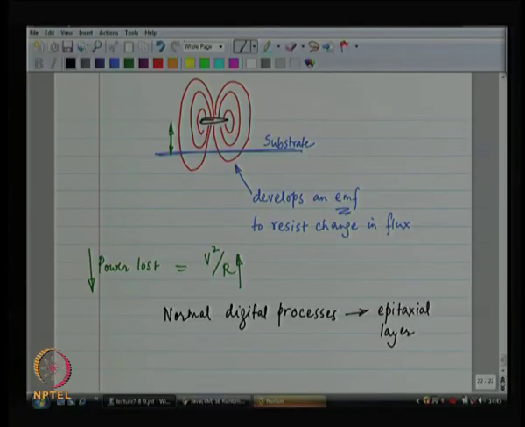So, typically what we do is we do a couple of things. We block the epitaxial layer, so that underneath the inductor at least the substrate is not conductive. So, this is done very routinely to make better inductors. There are other ideas as well.